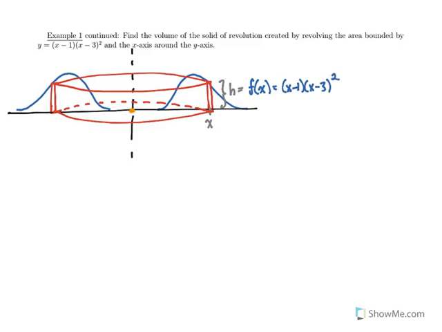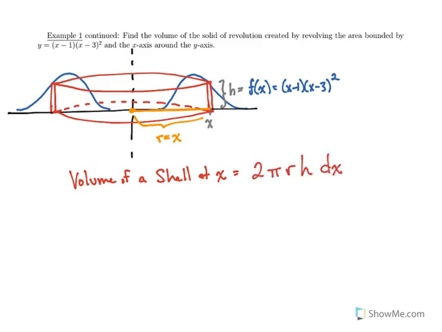The radius of the circle is going to be given exactly by whatever that x value is. So we could say that the volume of a shell at some x value is going to be 2 pi r h dx.